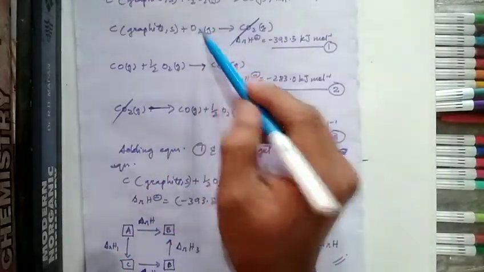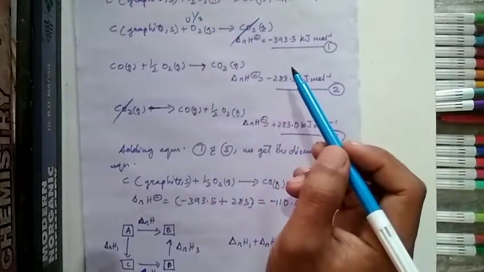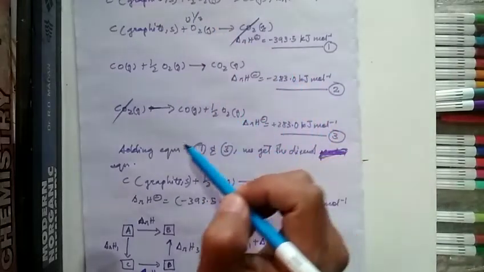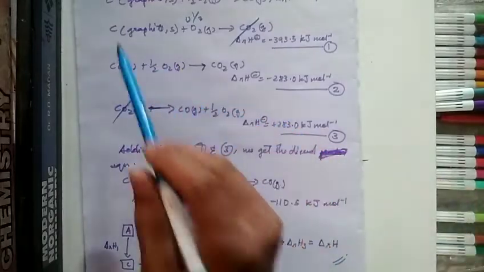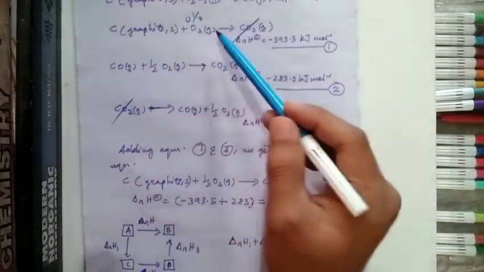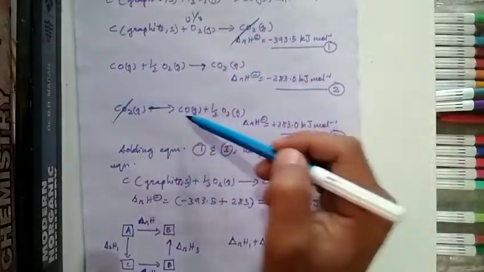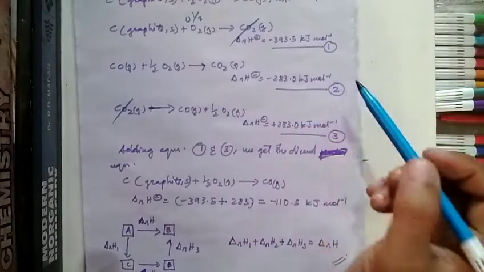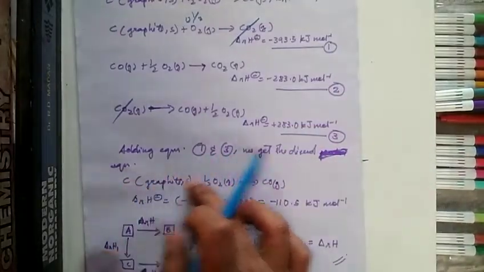From here we can cancel half, so only half oxygen will remain. So what remains in this reaction is this carbon, half oxygen, and CO.